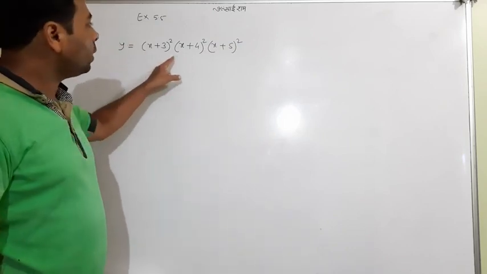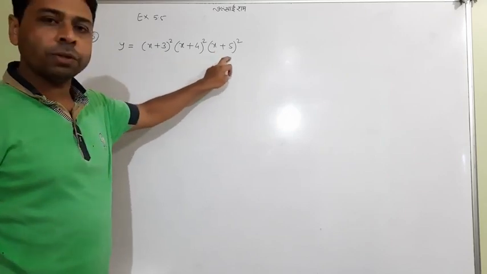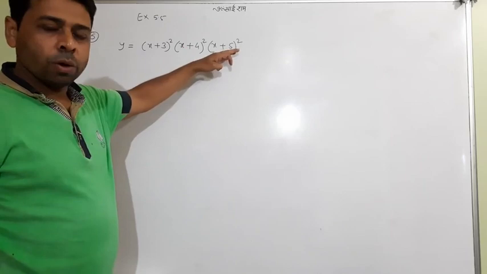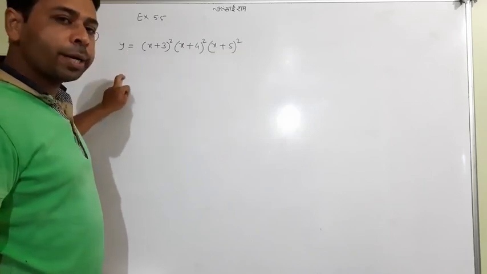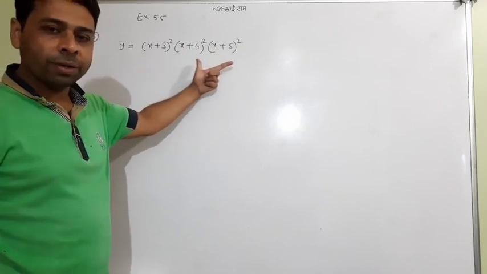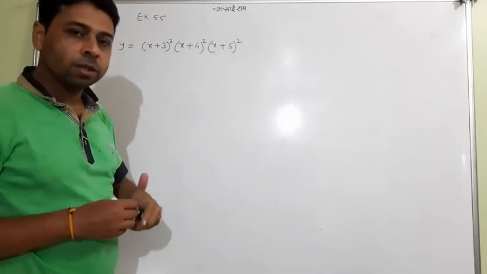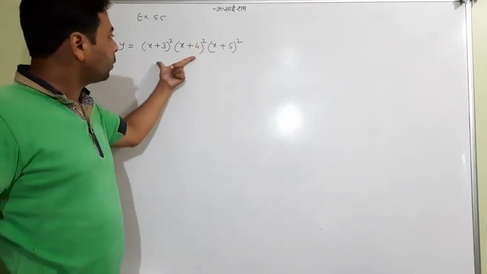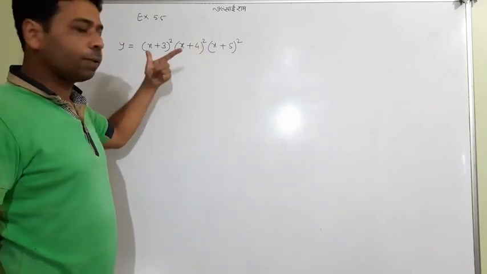When you see that these are three functions which are all in multiplication and having a square, if you want to find dy by dx using the multiplication law, you definitely have three functions. For solving this, you have to take two functions as one function: first function, second function, first function.